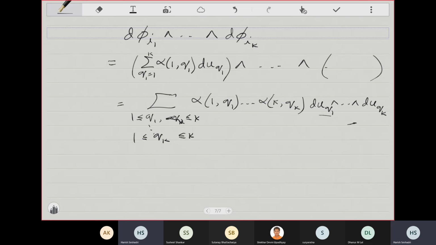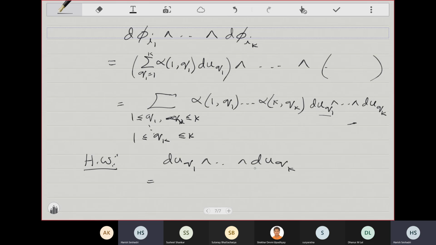So the upshot is that I'll leave it to you as an example. We have done this a couple of times, but it's one of the most crucial things underlying everything involving differential forms. So I'll leave it as homework for you to check that this expression d u q1 through d u qk, as I just remarked, the moment two indices qi and qj are the same, this thing will be 0.